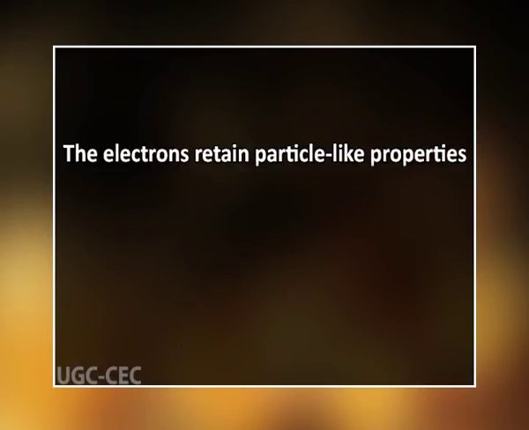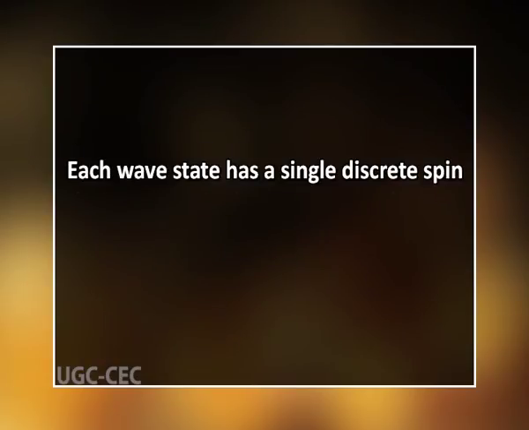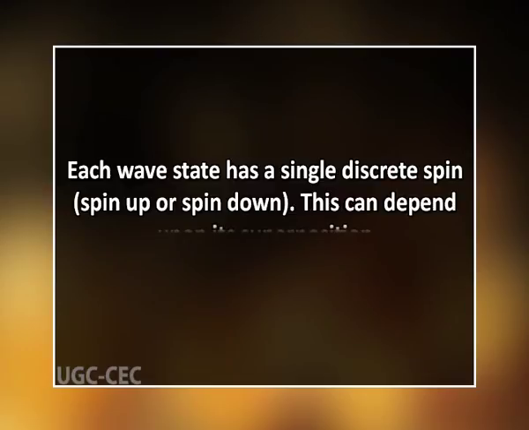Third, the electrons retain particle-like properties such as each wave state has the same electrical charge as the electron particle. Each wave state has a single discrete spin, that is spin up or spin down. This can depend upon its superposition.